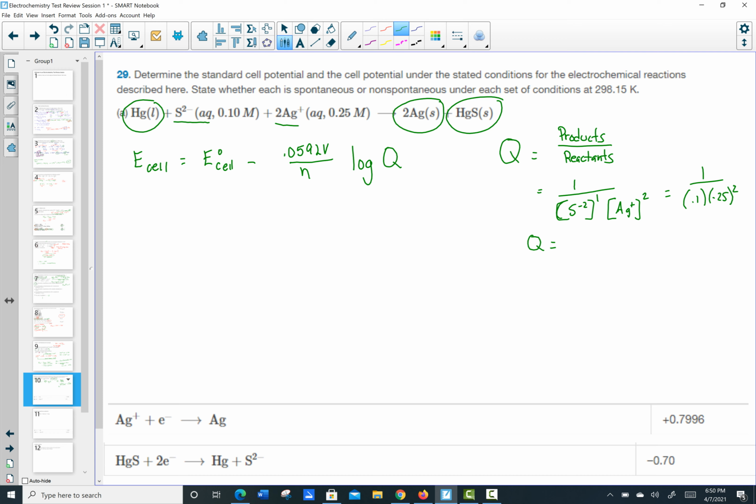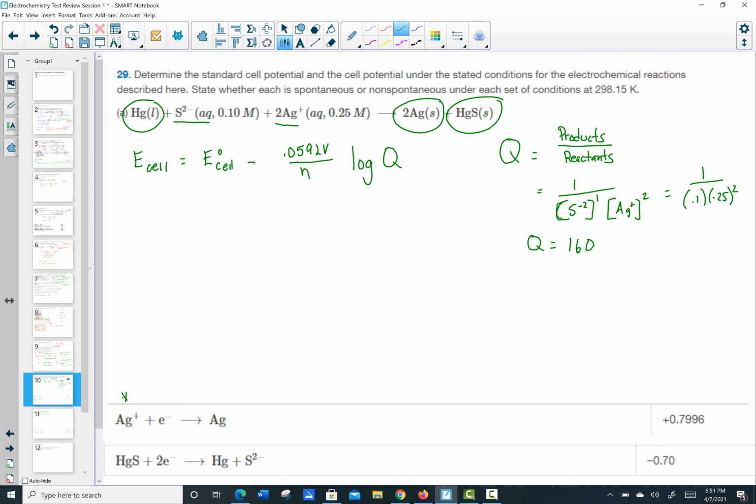When I hit that on my calculator, hit it with me, my screen reads 160 as the value of the quotient. What about n, the number of moles, and E cell? We've got some work to do here to figure the other 2 components out.